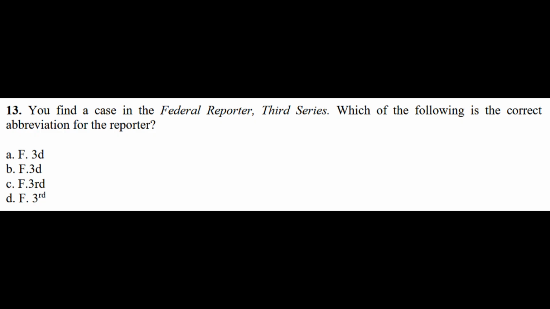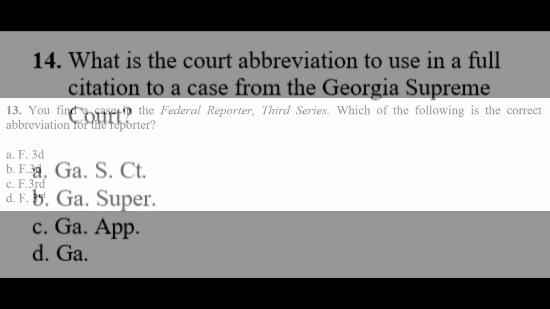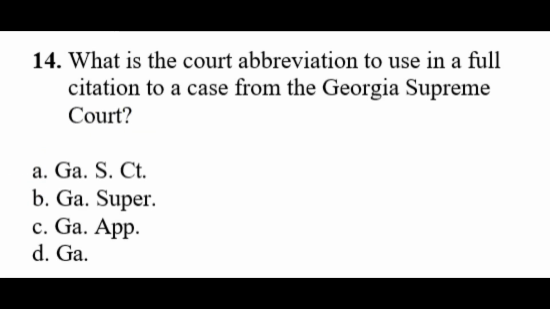So here's another little trick I'm going to teach you about Appendix 1. The next question talks about the Georgia Supreme Court case, and they want the court abbreviation. Okay. So using Appendix 1, knowing that the way it's laid out is federal first and then state second, and then it's abbreviated, let's go ahead and find Georgia.